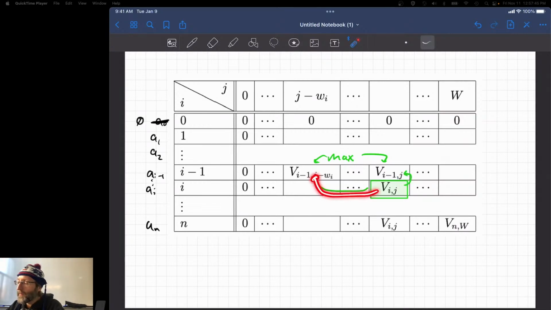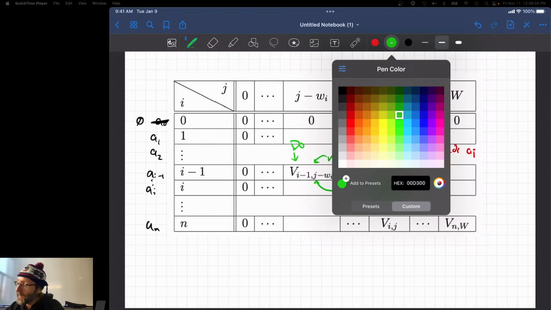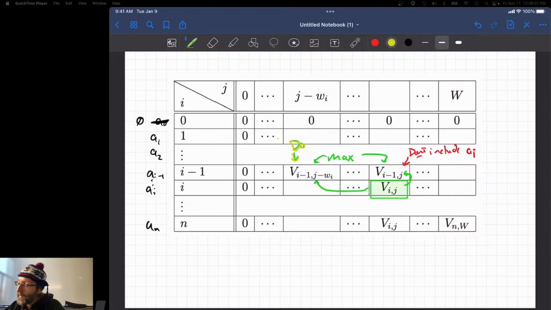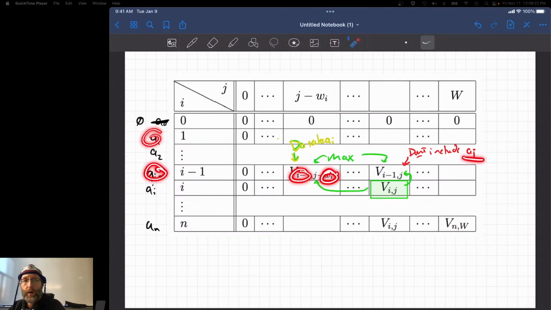Suppose that you don't take it: this one is you don't include A sub I. This one over here is you do. Let me switch back to gold there. You do take A sub I. So you're considering all subsets consisting of A1 through AI minus 1, but now by choosing to take A sub I, you have reduced your weight capacity. So you go backwards in weight capacity over here to J minus WI.